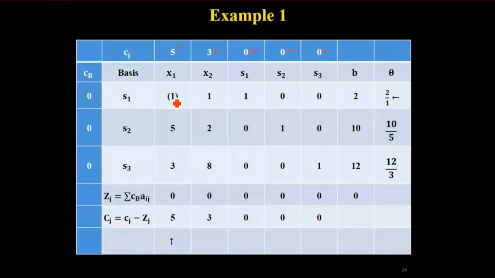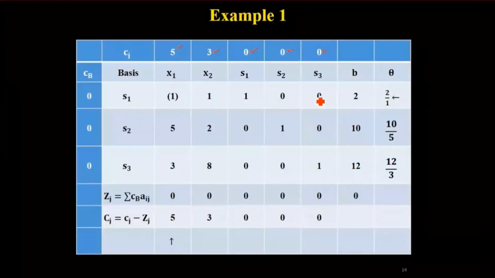Now from the equation we have 1x1, 1x2, 1s1 + 0s2 + 0s3 = 2. So we have to write it in this form: a11 is 1, a12 is 1, a13 is 1, a14 is 0, a15 is 0.